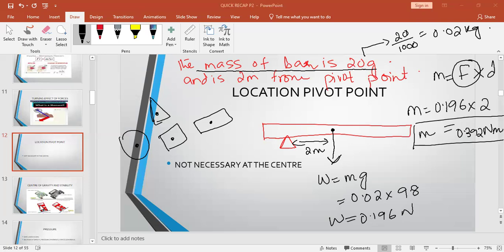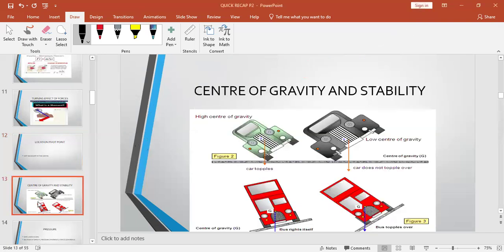Okay. Then the conditions for center of gravity. An object is highly stable if the center of gravity is down to earth. For suppose I have two objects. This is ground, and on the same ground this object is kept. This is the center of gravity and this is the center of gravity.